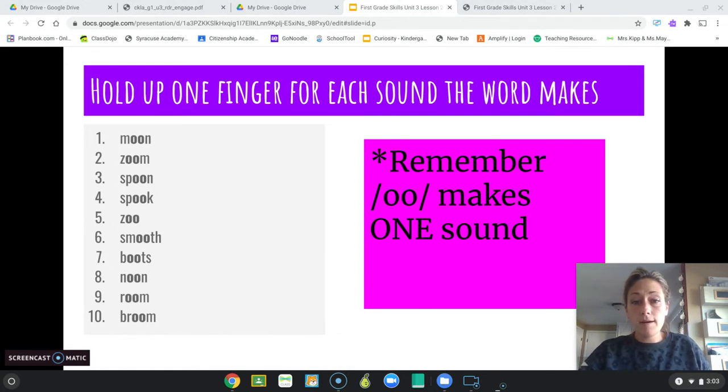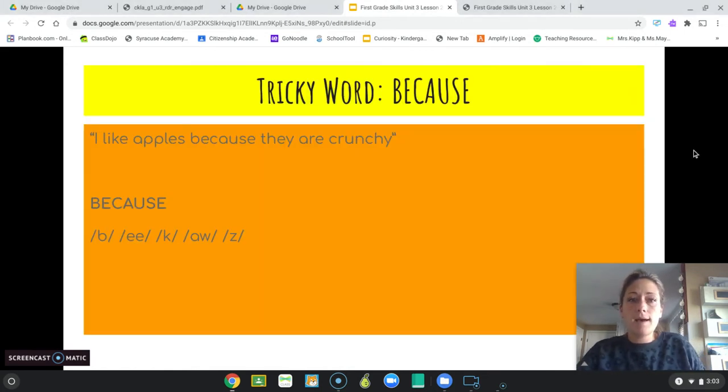All right, now we are going to look at the tricky word because. I like apples because they are crunchy. Now, when we look at the word because, it doesn't spell out like it sounds when we say it.